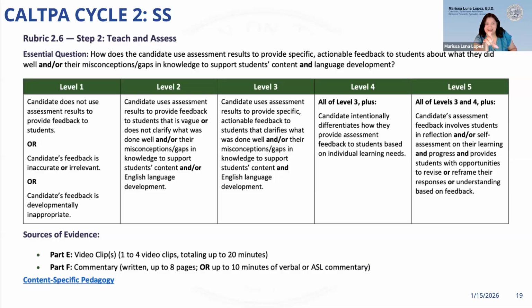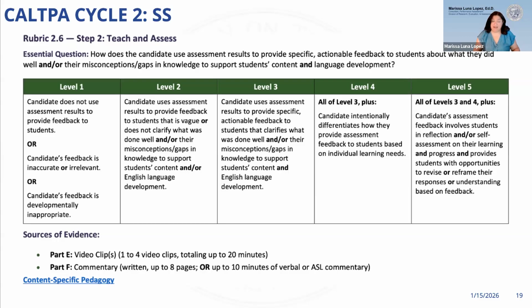This right here is the candidate using assessment results to provide specific actionable feedback to clarify what was done well. This is going to be in video clips. So this needs to be something that they say. This needs to be something that's captured and not necessarily just written in commentary, because assessors have been trained that they need to see in video what is corroborated in commentary.